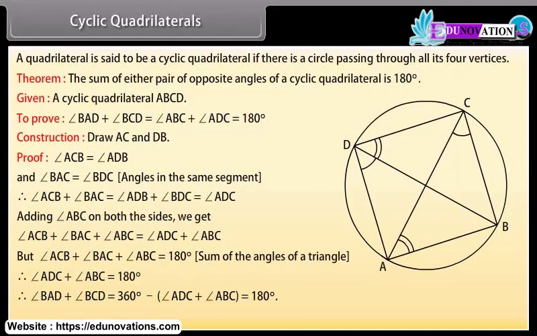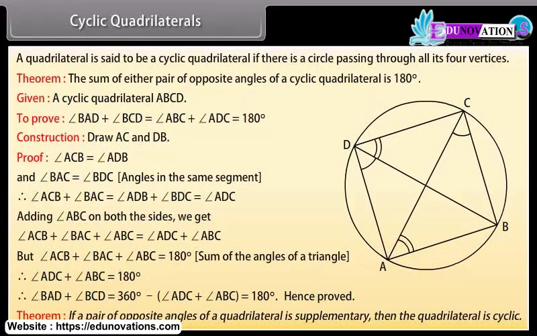Therefore, angle BAD plus angle BCD is equal to 360 degrees minus (angle ADC plus angle ABC), which is equal to 180 degrees. Hence proved. The converse of this theorem is also true. That says, if a pair of opposite angles of a quadrilateral is supplementary, then the quadrilateral is cyclic.